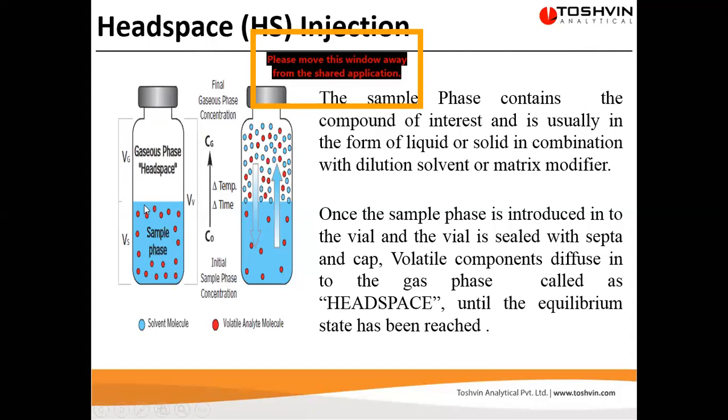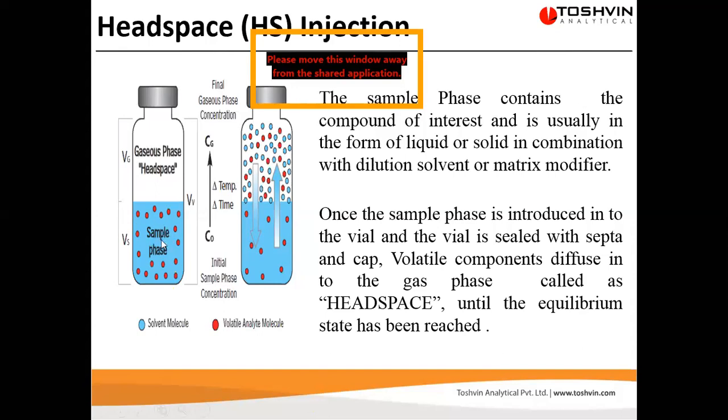You can see the blue part, that is my sample. I fill up the sample till over here. This is the empty part of my vial. So all the vapors will accumulate over here, and that vapor I'll transfer to my column, and I can get my chromatogram. The advantage of headspace injection is that normally it is used for volatile analysis, VOCs.